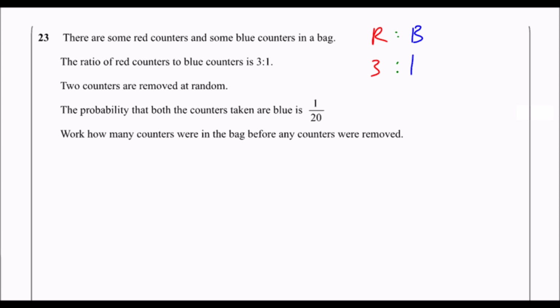So that means I've got, well, 3 quarters and 1 quarter. 2 counters are removed at random. The probability that both counters taken are blue is 1/20th. Work out how many counters were in the bag before any counters were removed.